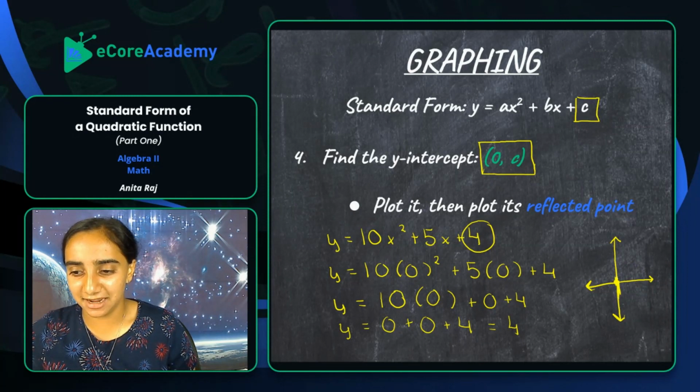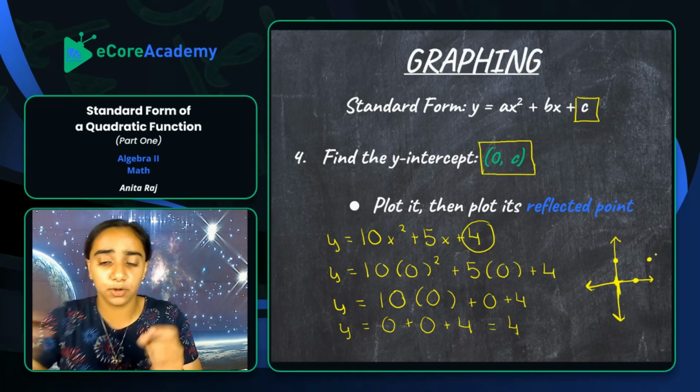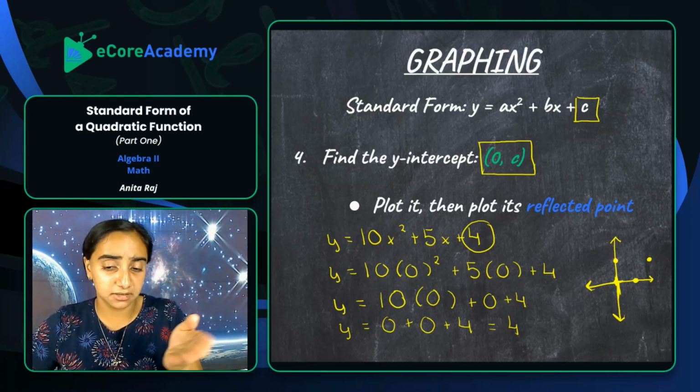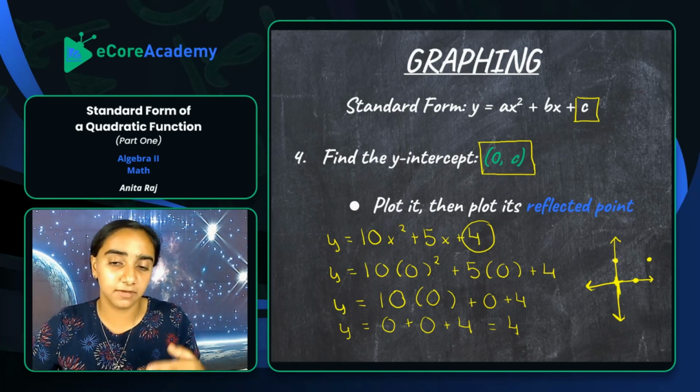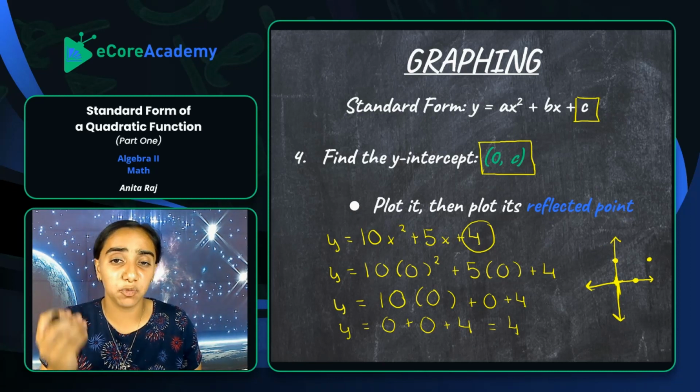pretend the vertex is not at (0, 0). Let's say the vertex is over here somewhere, and our y-intercept is over here that we just found by doing this. What it means by plotting its reflected point is you would plot the exact point over there. In this case, because the y-intercept is (0, 4), you'd plot another point that falls on this graph that also has a y value of 4.